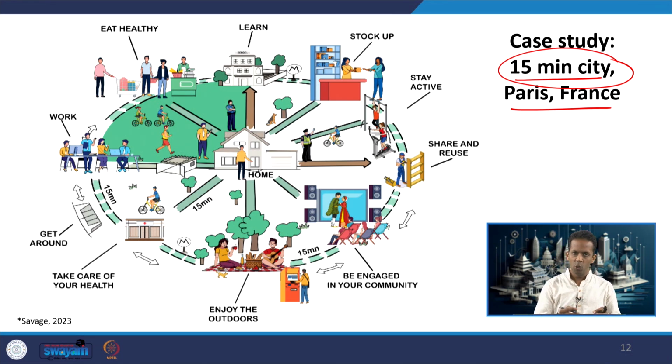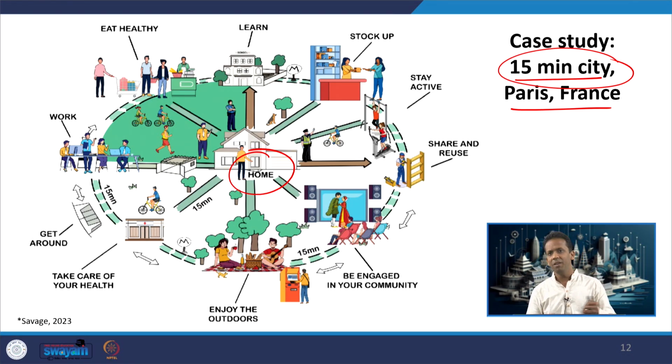You can either go by walk, by bicycle or by bike or car or by public transportation. The city is planned so nicely that all the basic amenities of daily usage are within 15 minutes reach of people. So, that is called an efficient urban planning, is not it?